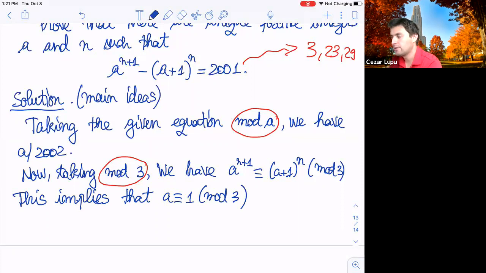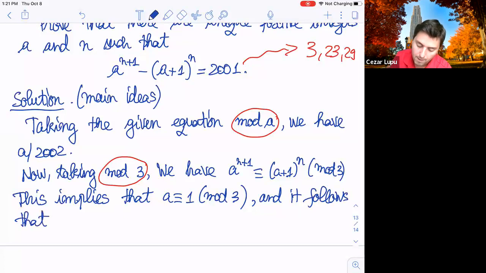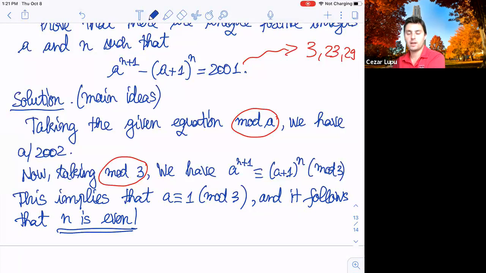So once we have this, it follows that n must be even. n is even. That's a very important piece of information. So we know that n is even.